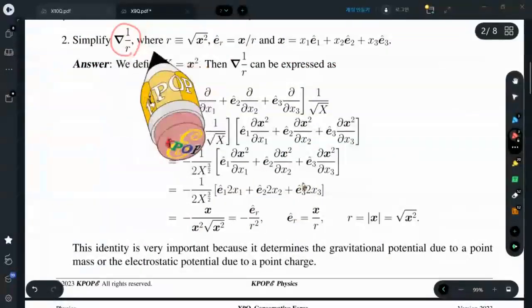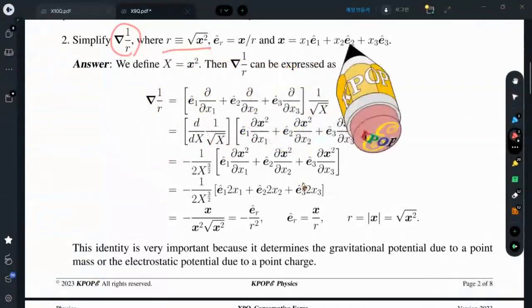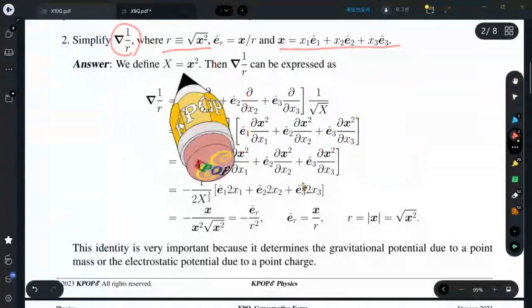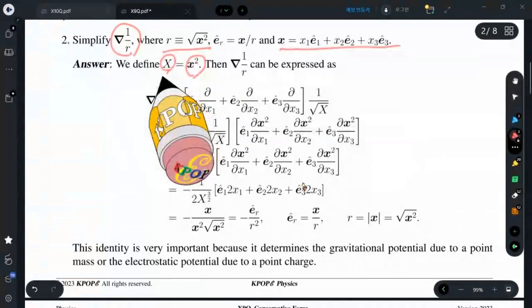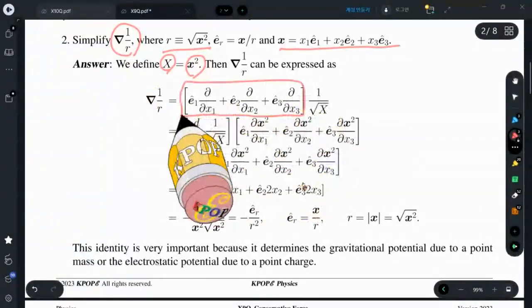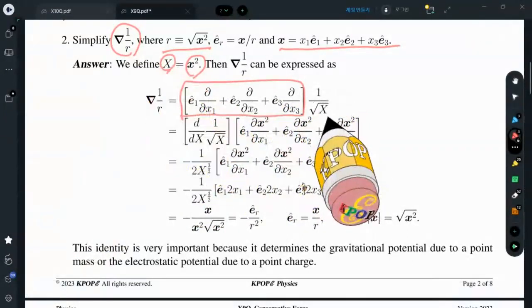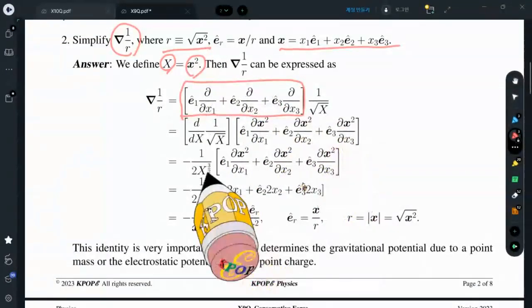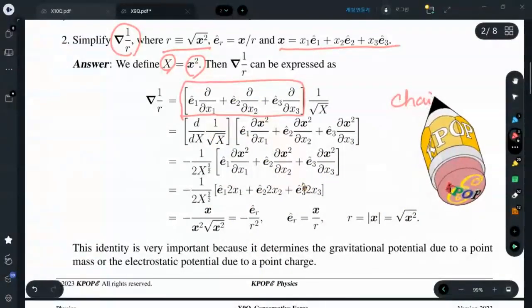Gradient of 1 over r. r is the square root of x squared, x is a position vector. Why don't we define this x squared by capital X? Then we'll have a gradient operator, and 1 over r is 1 over square root of capital X. And then you apply the chain rule.